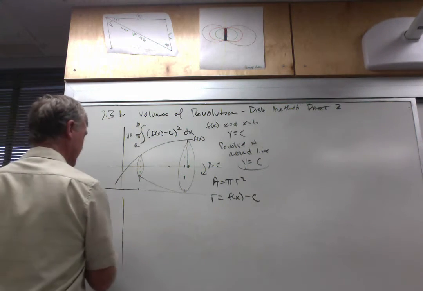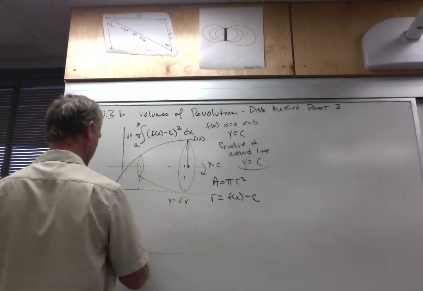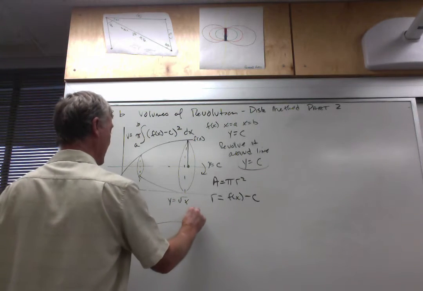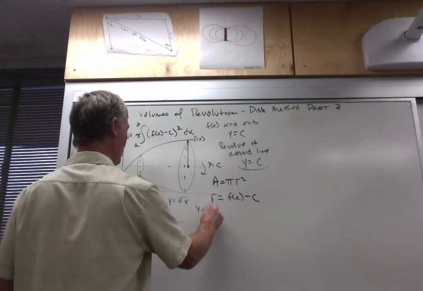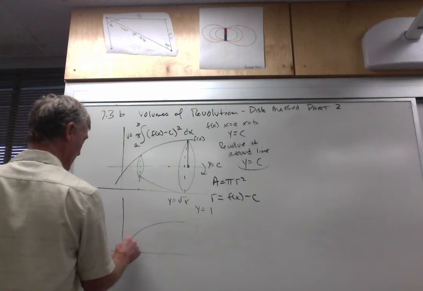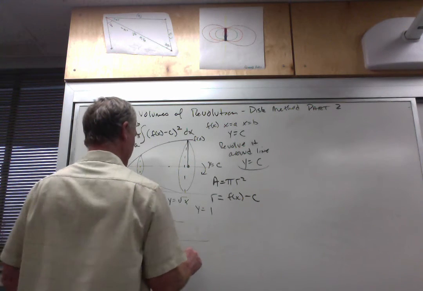So for instance, let's say we had y equals the square root of x, which is going to look like that, and the line y equals 1, which would look like this. By the way, they would hit right here at 1.